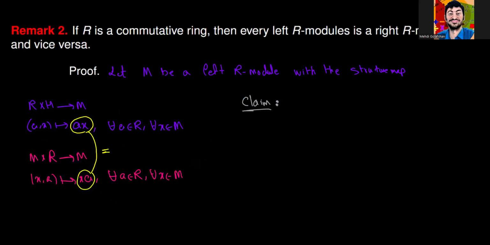We want to claim that M is a right R module with this map, I mean, the one we defined.